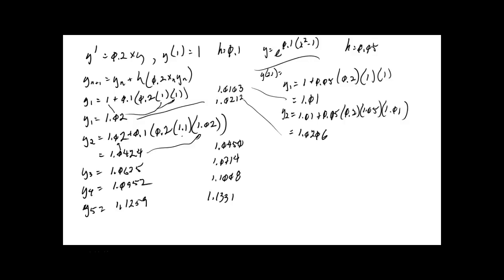So you're going to undershoot it every time, and the amount of undershoot is going to be more every time. So your y sub 3 is going to be 1.0318, and this will be the intermediate one of 1.0328.